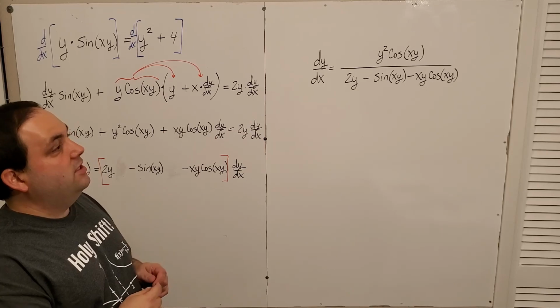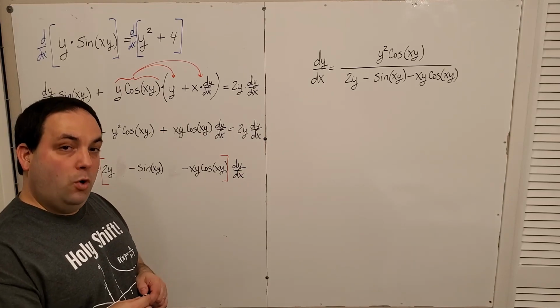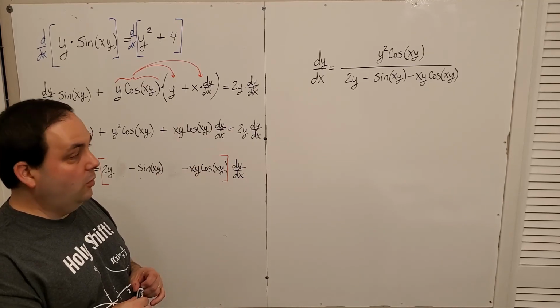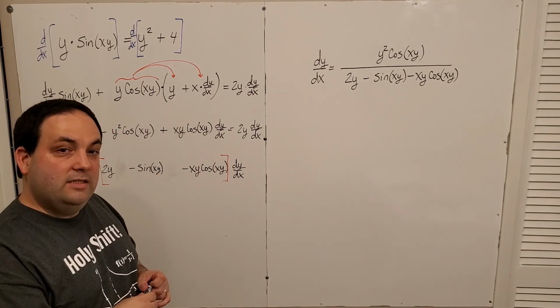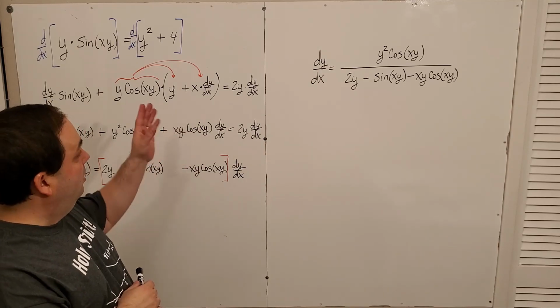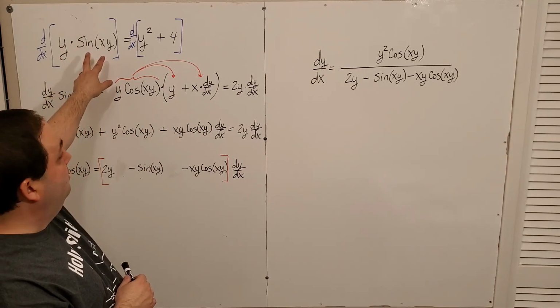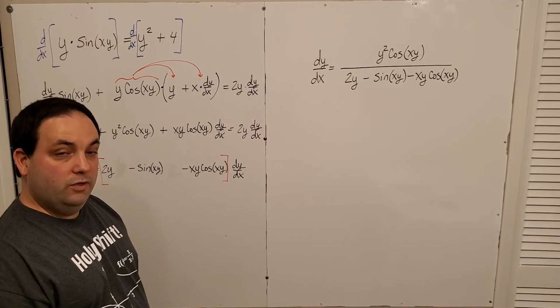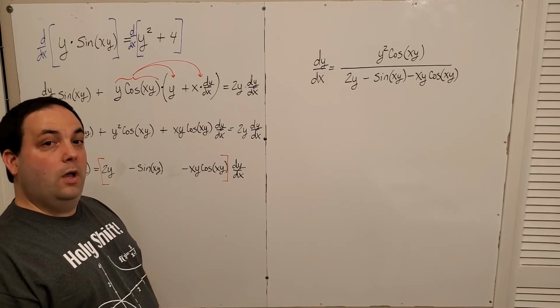It also allows us to solve certain types of word problems that don't have nicer ways of doing it. So practice implicit differentiation just as much as you do the explicit, and watch out for your product rules and keep track of when you need to find a dy/dx when you take a derivative of something with y in it.